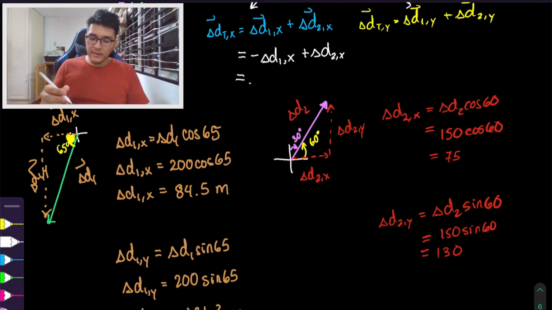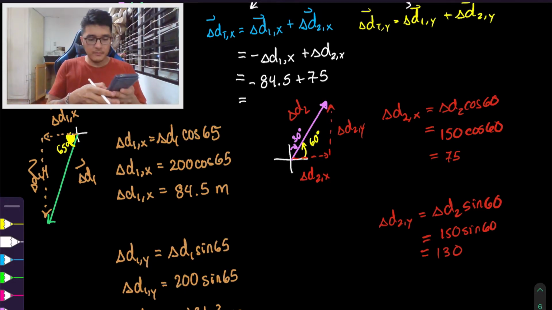And then we put in the values that we found, so negative 84.5 plus 75, which is negative 9.5.